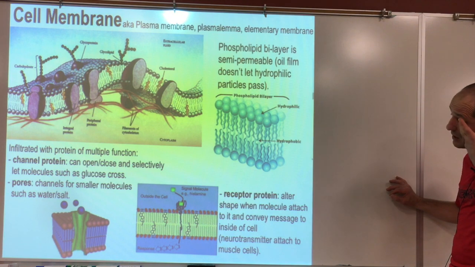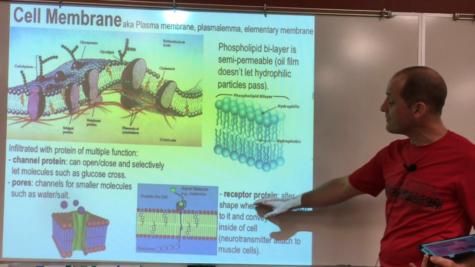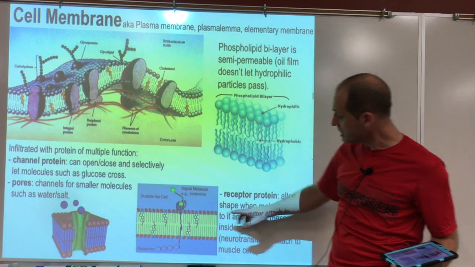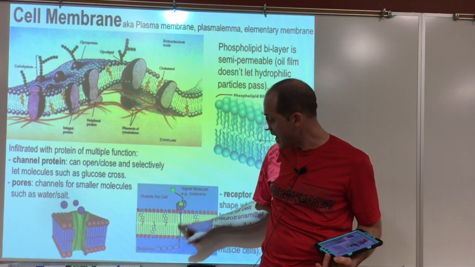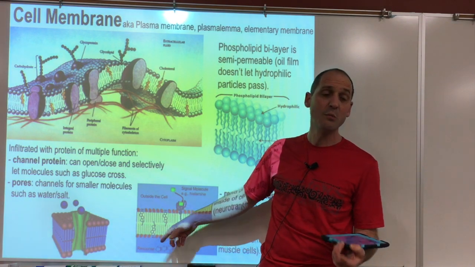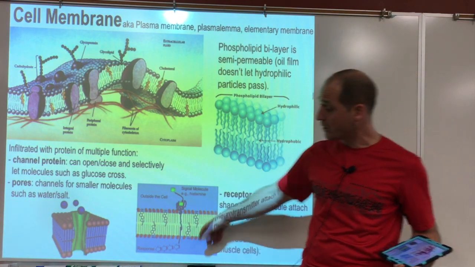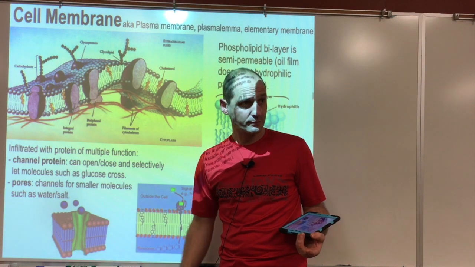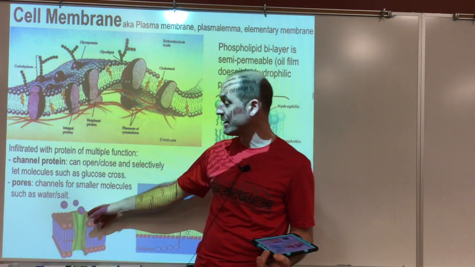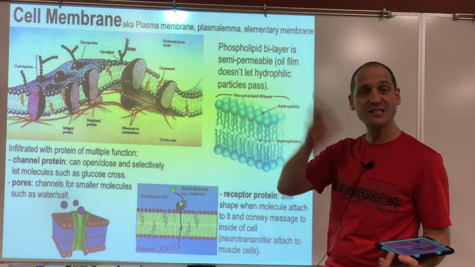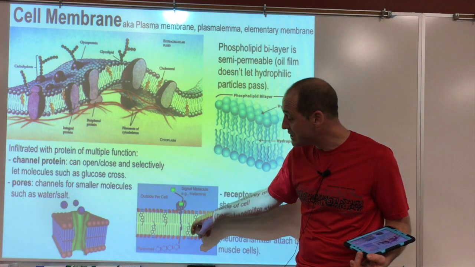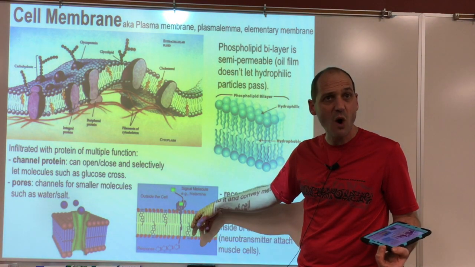And then, well, also what we have is we have receptor proteins. And so, for example, we have a hormone. This is a receptor protein. So let's say we have insulin that's going to have to tell the cell on the inside to let some glucose in, open the glucose channel. Actually, the insulin is not a good example because that just attaches to the channel, lets it in. But we got other things that cannot penetrate, that are hormones that cannot penetrate the cell membrane because they're watery type.